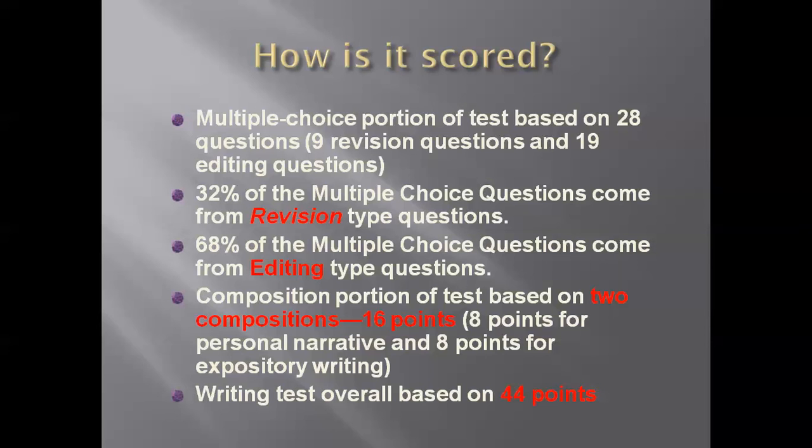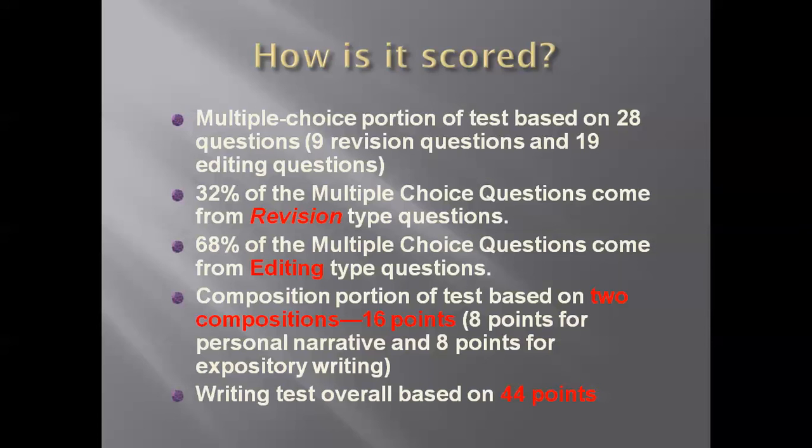Revision and editing is combined, and they go with the compositional. So basically, 32% of the test comes from revision, 68% comes from editing. Now, that's when we look at it from this point of view. 9 questions will come from revision. 19 questions will come from editing.